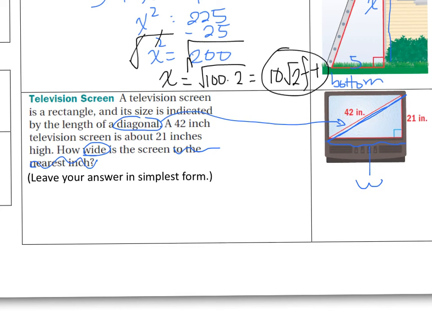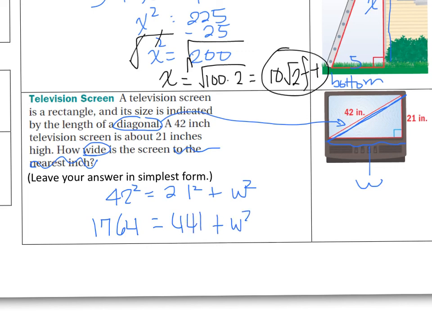Okay. So again, let's use the Pythagorean Theorem. 42 squared equals 21 squared plus w squared. 42 squared is 1764. 21 squared is 441 plus w squared.